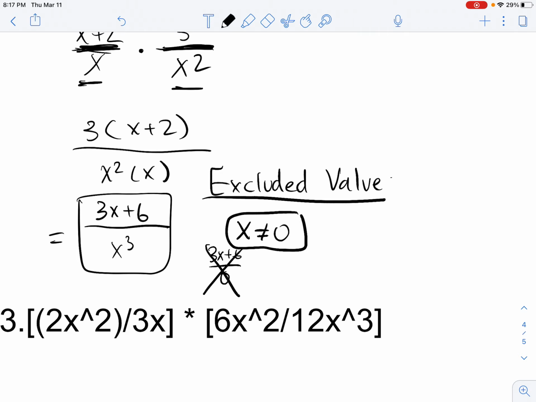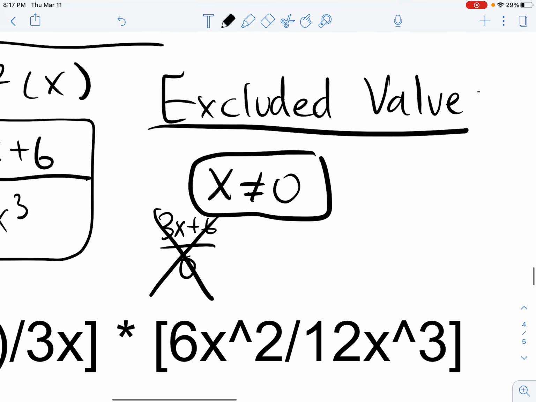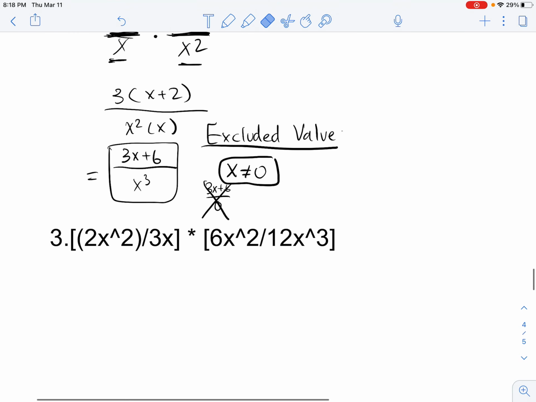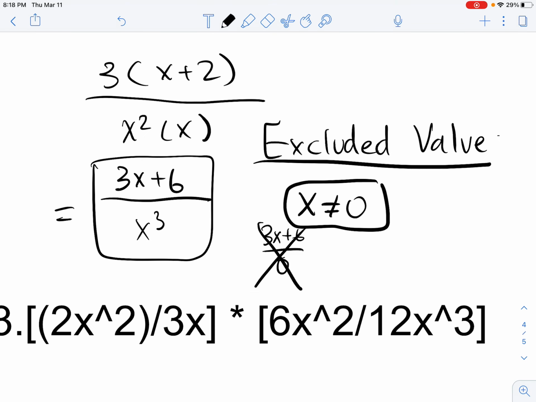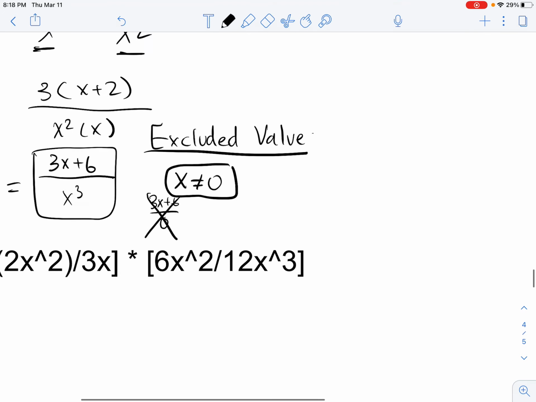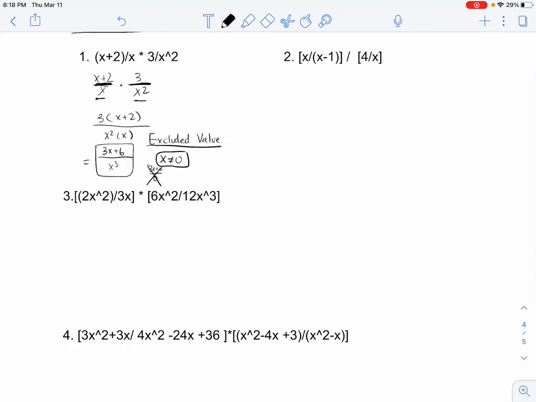So we know our excluded value cannot be 0. But in this function, we cannot let it be 0, since it would give us an incorrect answer, which is 3x plus 6 over 0.